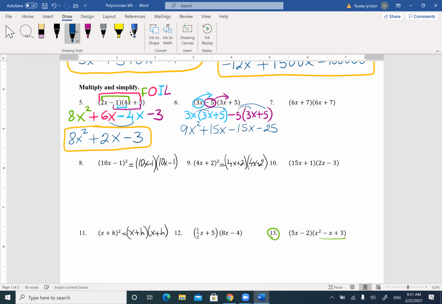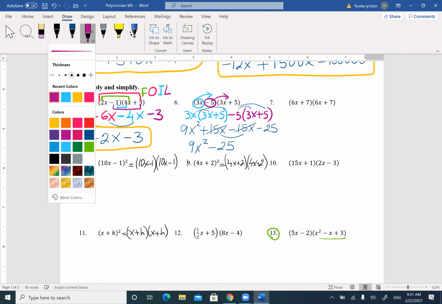And then after that, you combine the like terms and you're done. You copy everything and you're done. So you're going to bring down 9x squared and then minus 15x and plus 15x is 0. In this case, they're going to cancel out, right? It's 0. And then you're going to bring down negative 25. Okay? So that's how you do distribution.